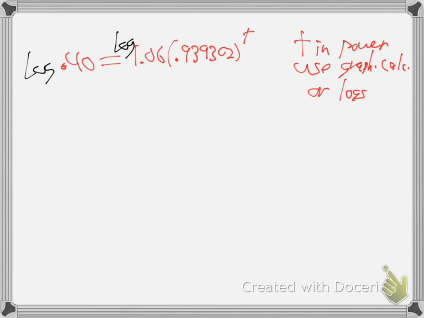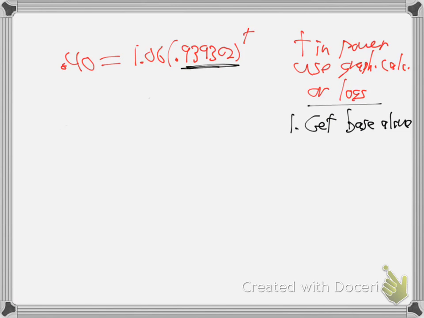So log on both sides of the equation. Oh wait, no, I forgot. First you gotta divide. You can't do the logs until you get the base alone. So the log way, step 1, get base alone. You know what I mean by base? This is the base. A base is like the base of the table, it means it's got something on it.